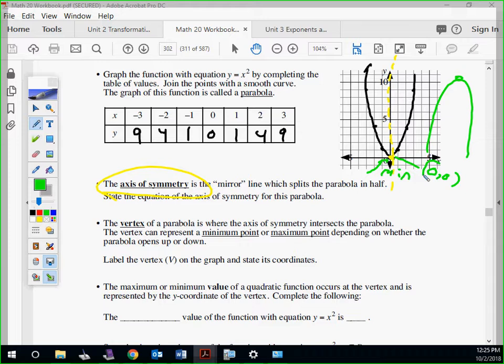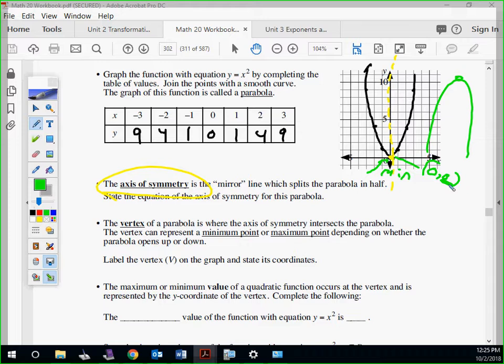Max or min value of a quadratic function occurs at the vertex as represented by the y-coordinate of the vertex. So what that's saying is that when you have a vertex, the y value represents your min or max value. So this one's, I know it's 0, so 0 is my minimum value. That parabola is never lower than 0, which makes sense. There's nothing below the x-axis.